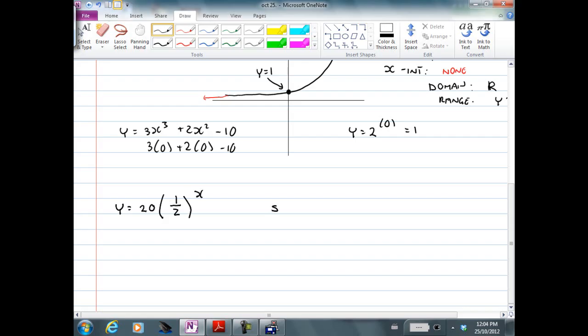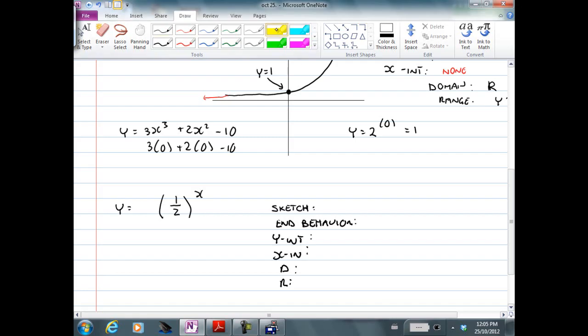I'm going to ask you to sketch the graph. Actually, for now, get rid of the 20. Just go 1 half. I want you to sketch it, tell me my end behavior, and tell me my y-intercept, x-intercept, my domain, and my range.